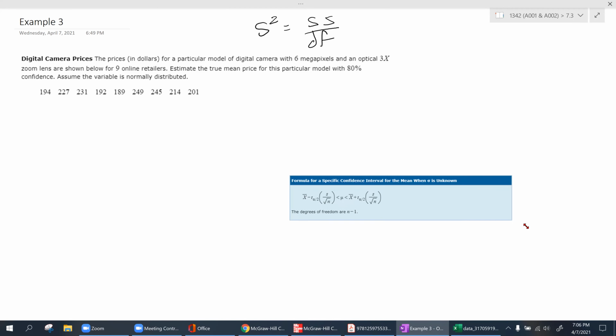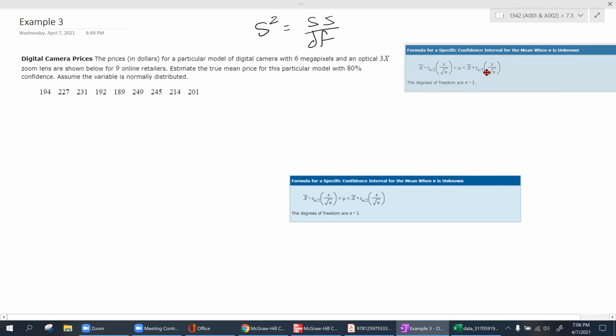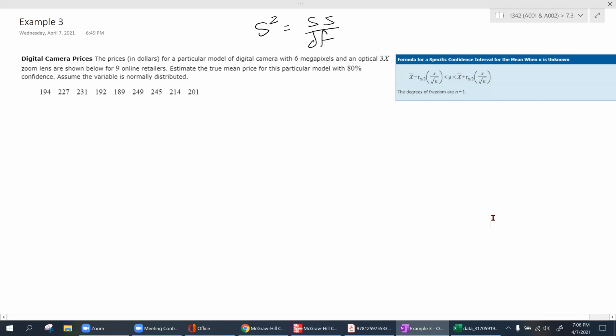If you truly understand it, sure, you may want to do all of this in Excel, but I highly recommend you know how to do all of this by pen and paper, because that's exactly what I'm going to require in the exam. You're not going to be allowed to use Excel. I'm going to give you these values, and you're going to have to remember how to find the mean, standard deviation, and all of that. It's already assumed we know how to find that.